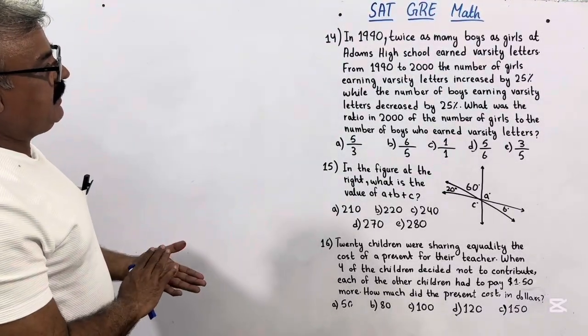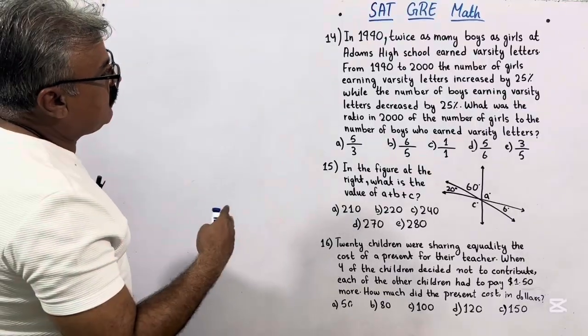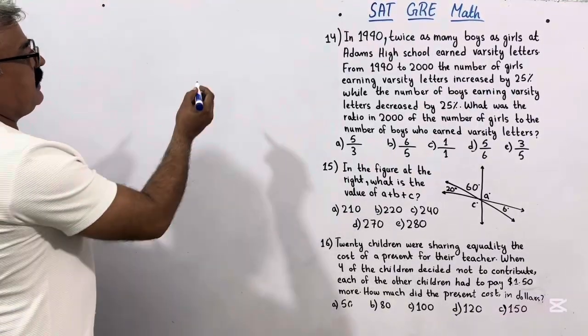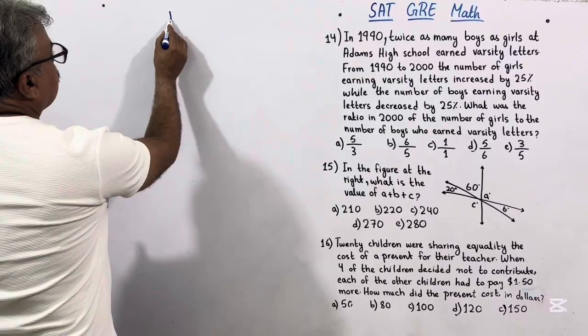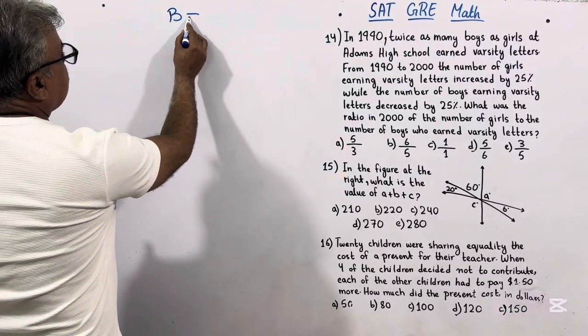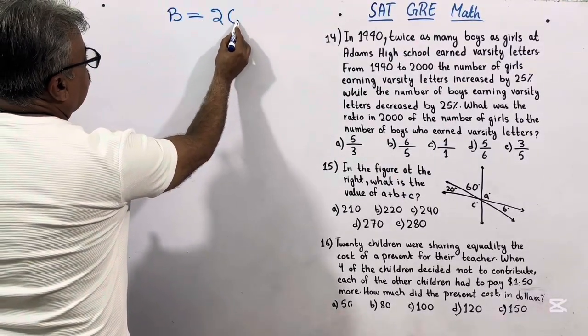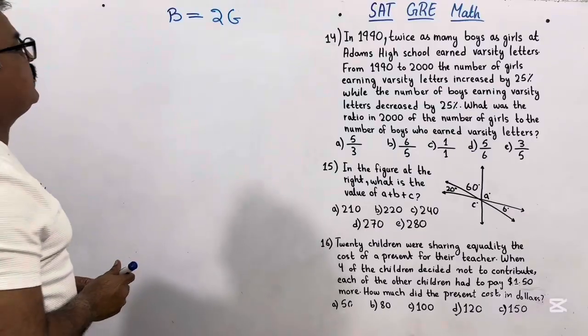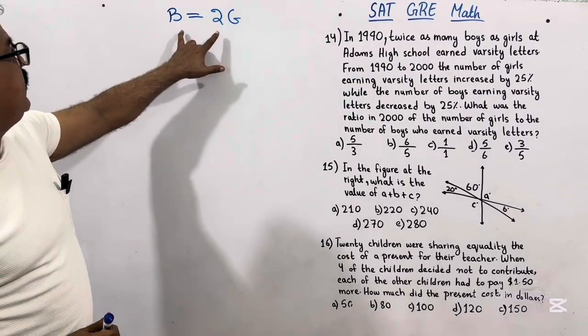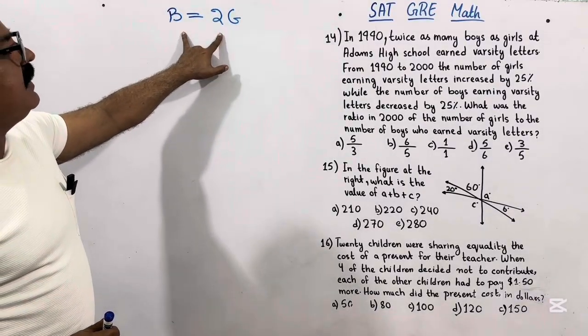In 1990, twice as many boys as girls. So the number of boys earning varsity letters is double that of the girls in 1990.